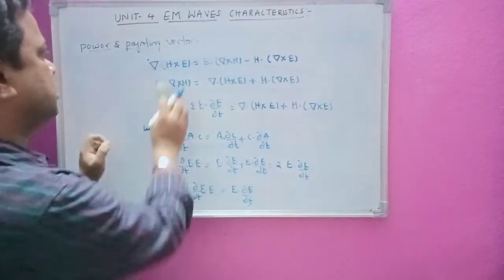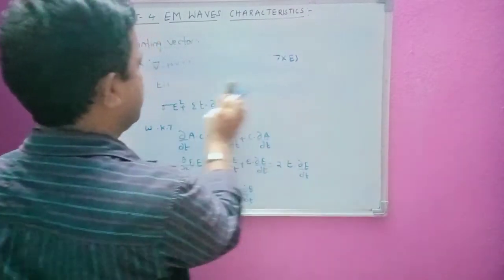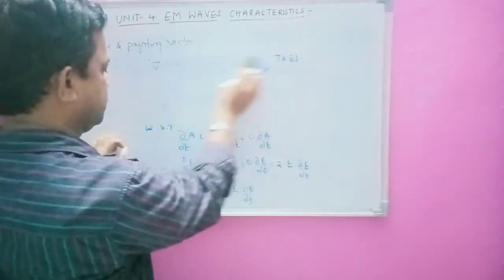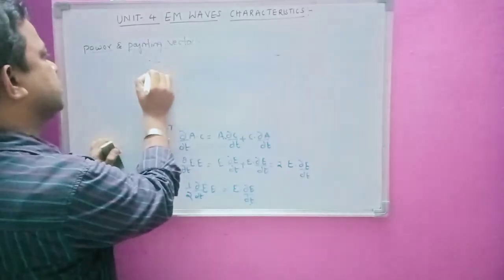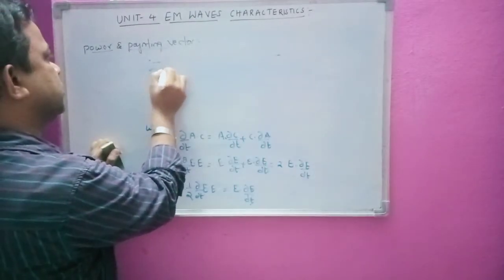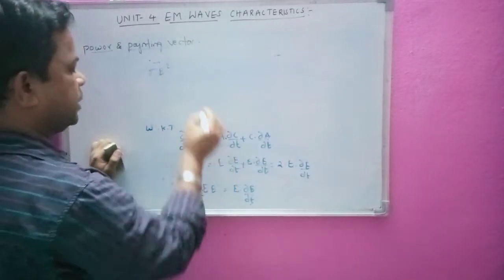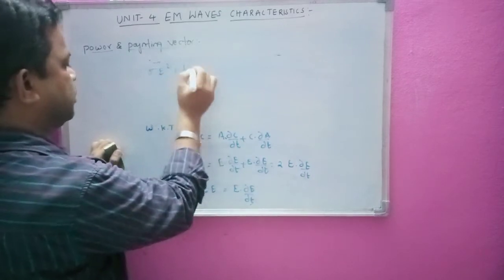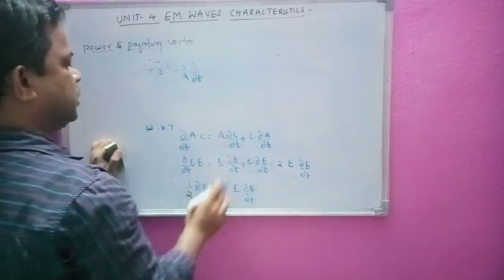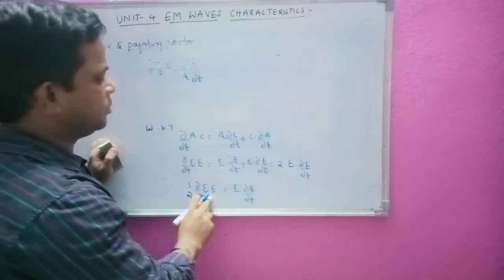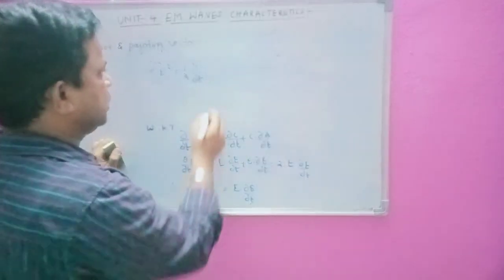Let us simplify that equation. So what I get here is sigma E square, plus 1/2 ∂/∂t of E·E. Now I will take the components here instead of taking vectors.